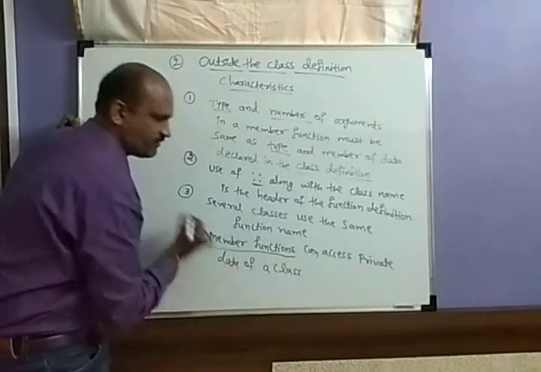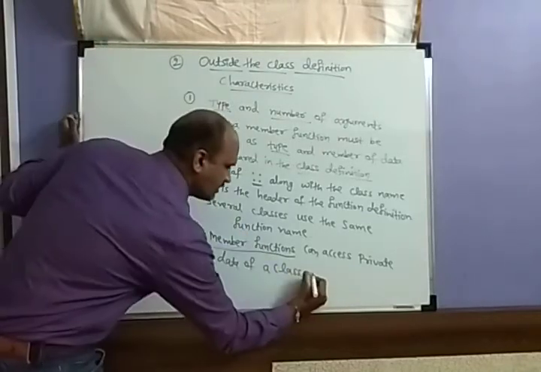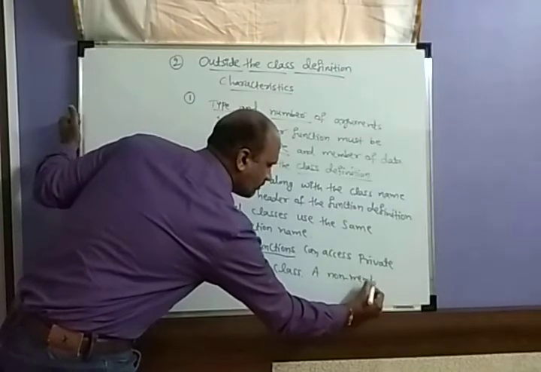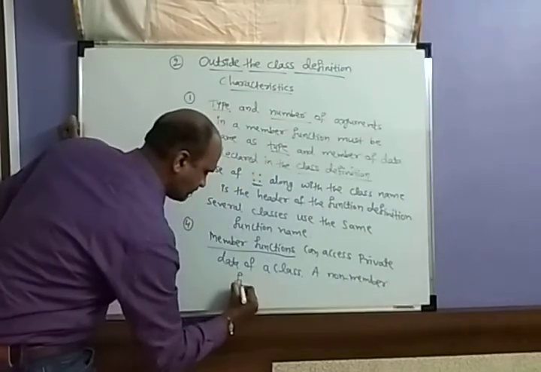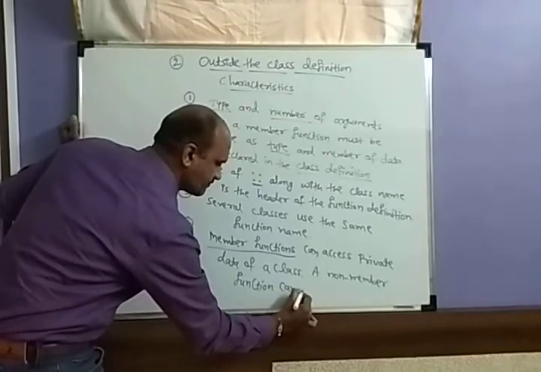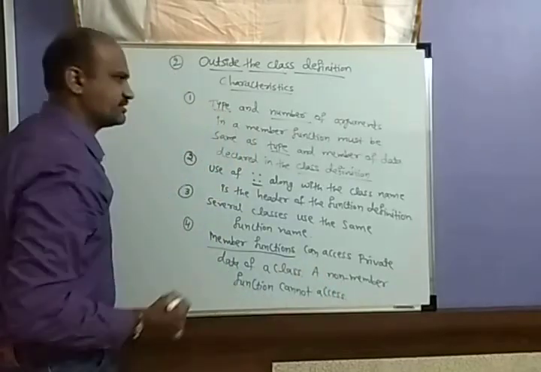Only the member functions can access the private data of a class. If there is a non-member function, it cannot access. A non-member function cannot access. So these are the 4 characteristics.